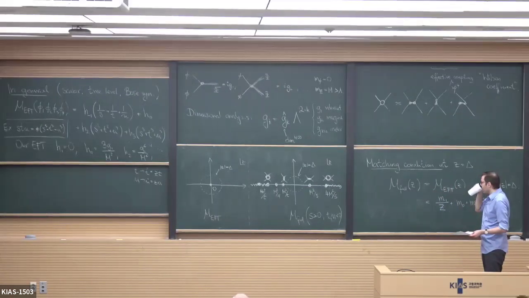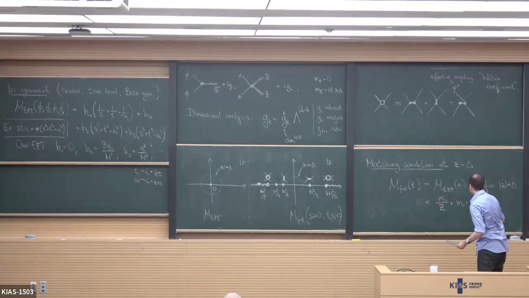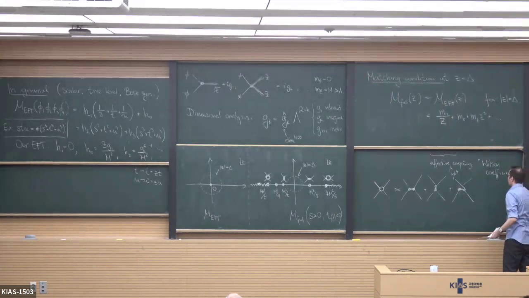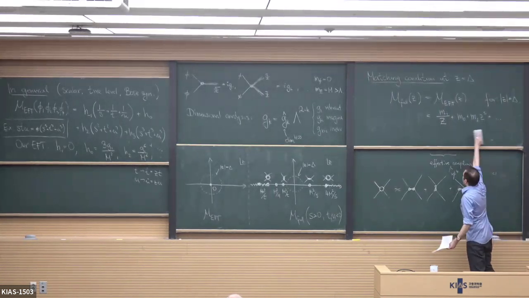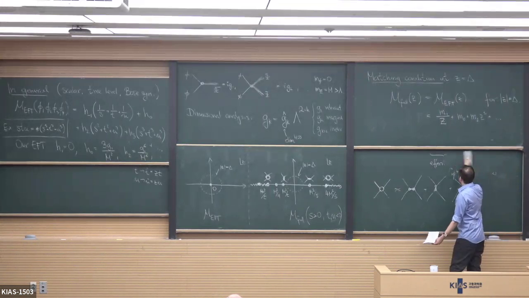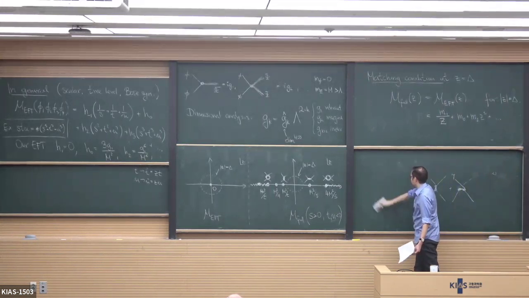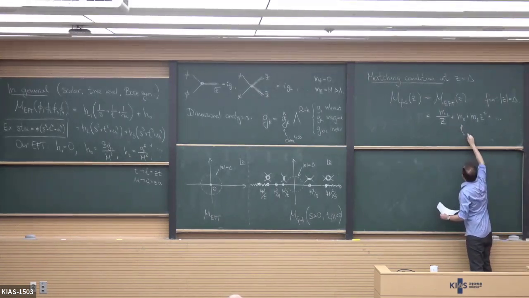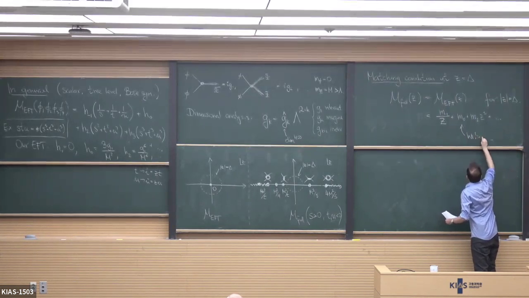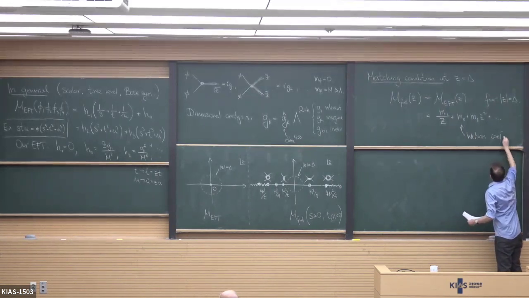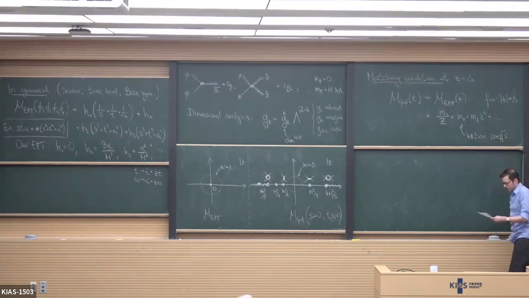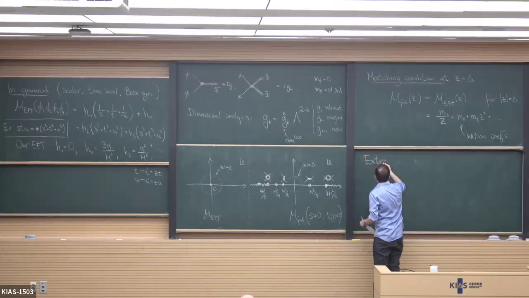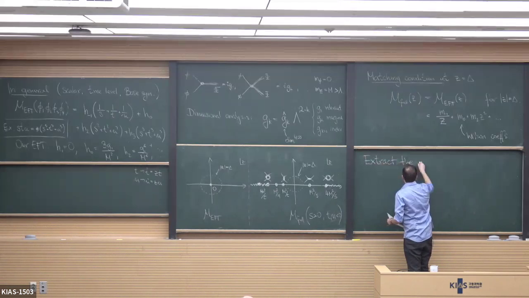From this perspective, the story about matching is all about extracting the m's, or the h's, which I'm loosely referring to as the Wilson coefficients. So how do I extract, say, the k-th coefficient?